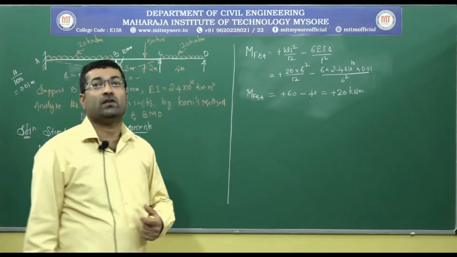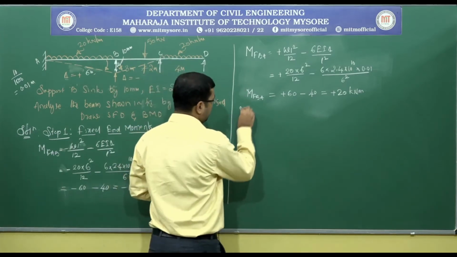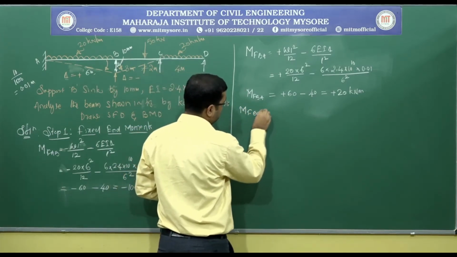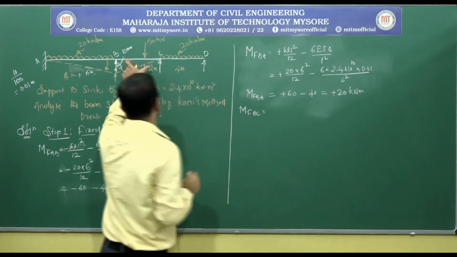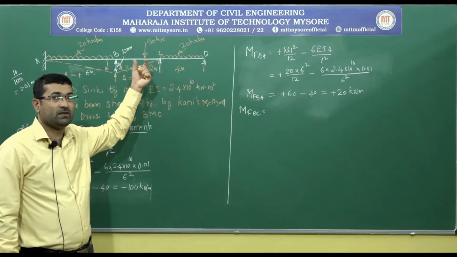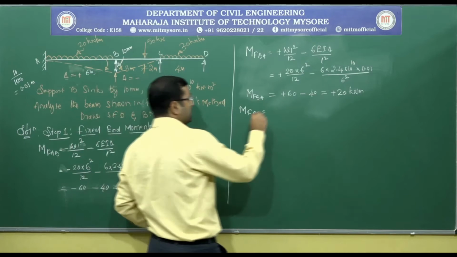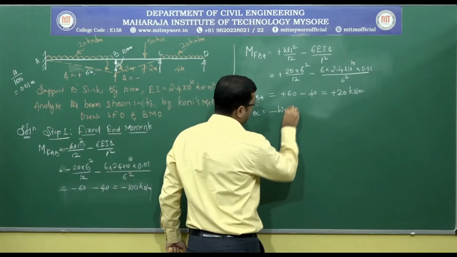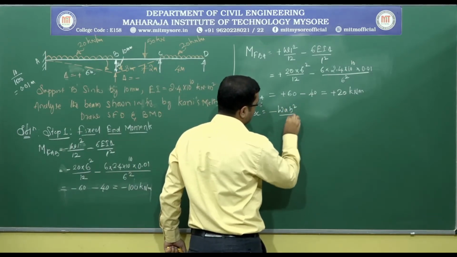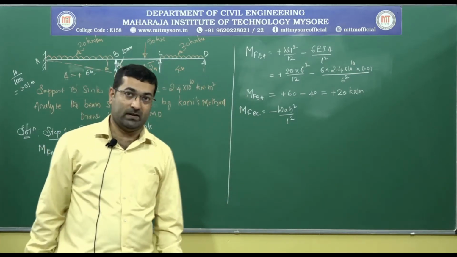So these are the fixed end moments for the span AB. Similarly, we need to work out for the span BC, that is MFBC. Here on the span BC we have an eccentric concentrated load. For that we need to use minus W A B square by L square as the formula to determine the fixed end moments.